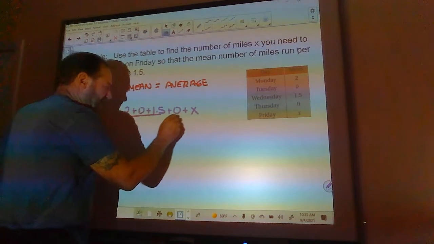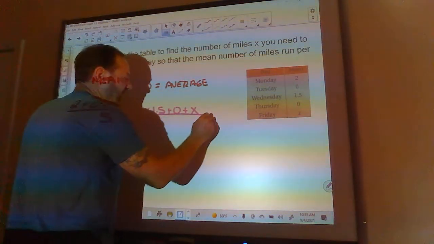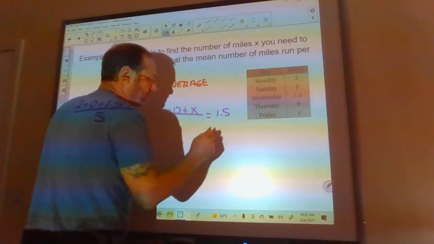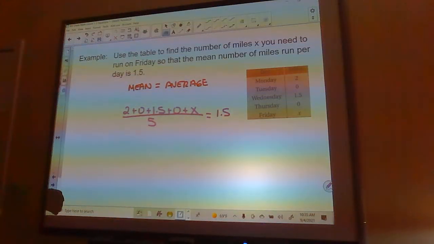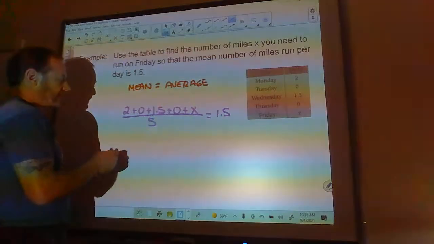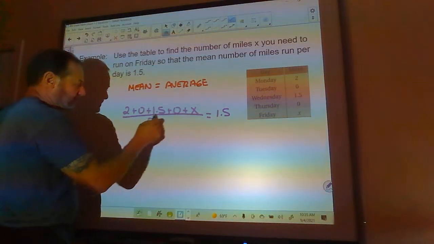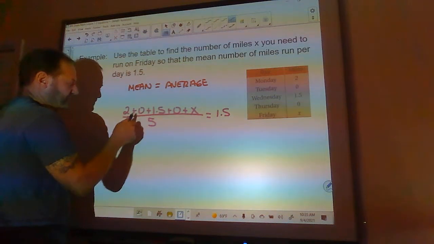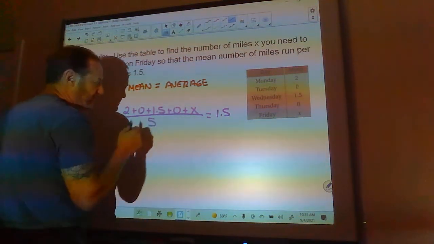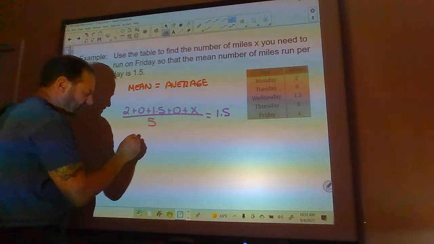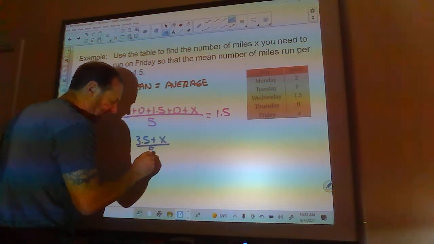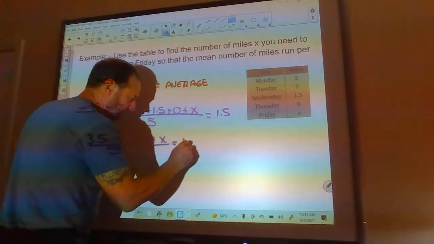And I'm going to take that and divide it by 5, and that has to equal 1.5. Okay, so this is a grouping symbol right here. So I got to do everything above. So 2 plus 0 is 2, plus 1.5 is 3.5, plus another 0. This is going to be (3.5 plus x) divided by 5 equals 1.5.